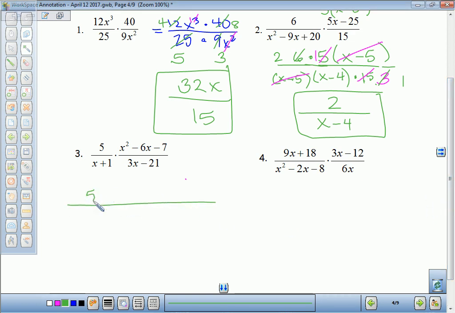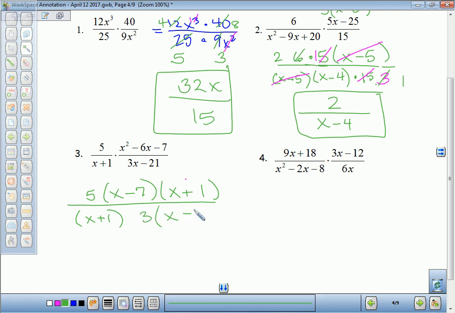So, the numerator has a 5. What does this trinomial factor to? Negative 7 and positive 1. Good. And then this denominator does not factor, so we just have to leave it. This one has a GCF of 3.